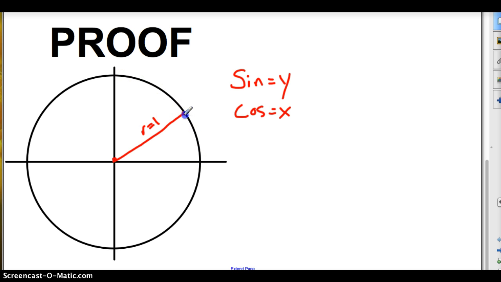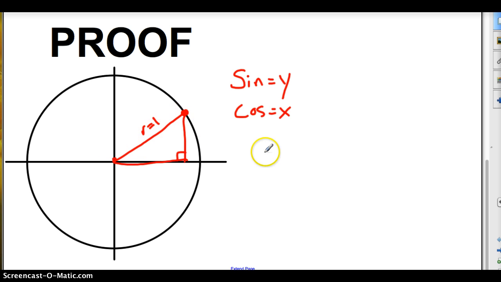So let's say we're looking at this point right here, okay? And we're going to drop this down and make a right triangle. So right now we have a triangle, right? I just made a little triangle with its point right here on the circumference. Well, let's say I wanted to find the hypotenuse.